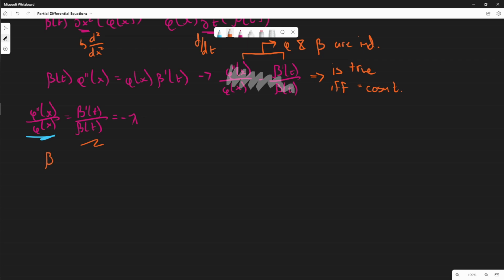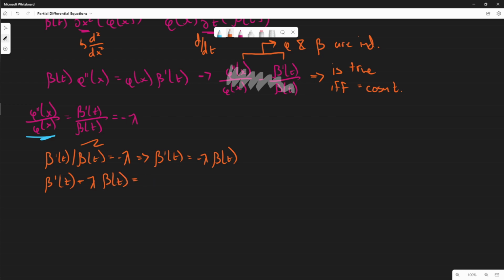So if we do beta prime of t over beta of t equal to negative lambda, we can essentially write this as beta prime of t is equal to negative lambda times beta of t, or beta prime of t plus lambda beta of t is equal to 0.